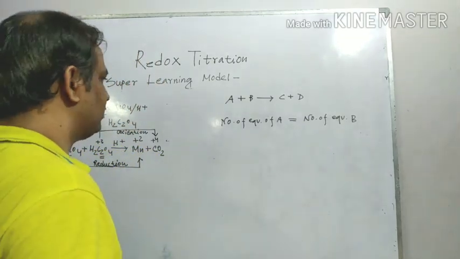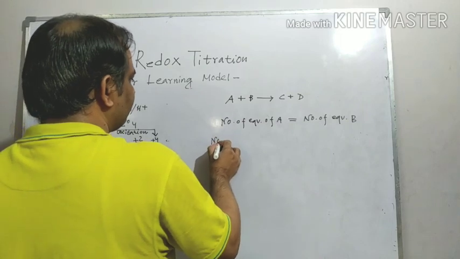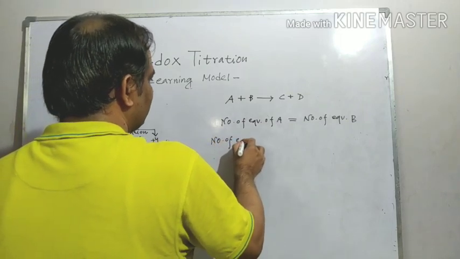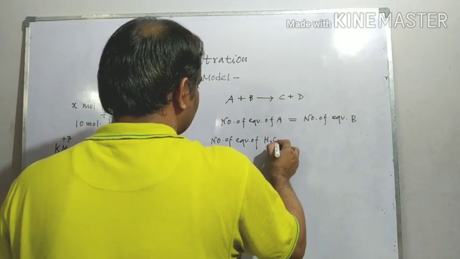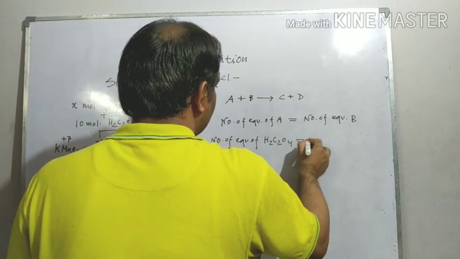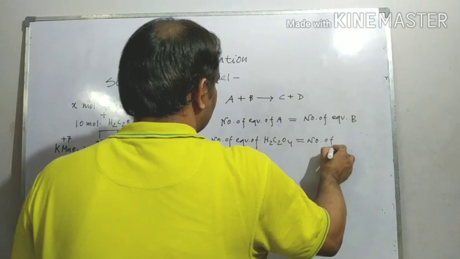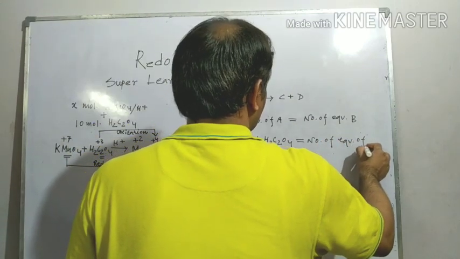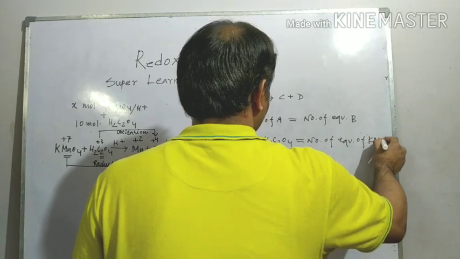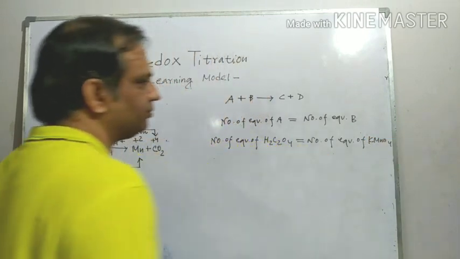So here, the number of equivalents of oxalic acid should be equal to the number of equivalents of KMnO4 in acidic medium.